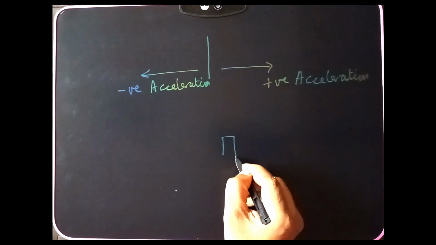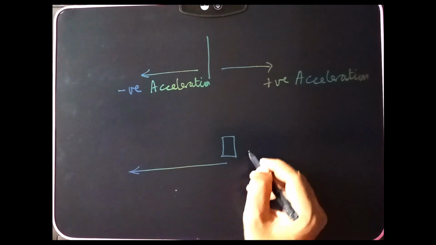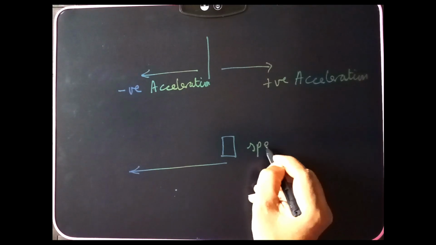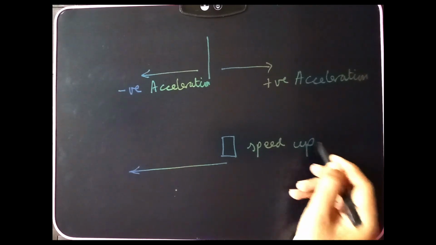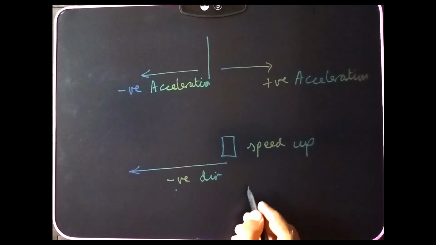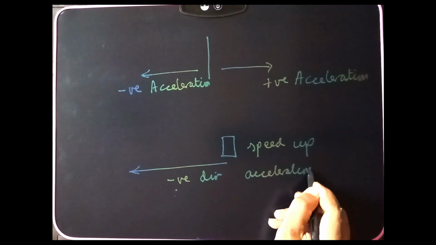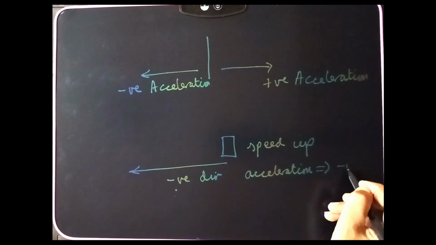Even if the object moves on the left, it could speed up, right? There could be speed involved. It is speeding up in the negative direction. So here acceleration will be negative.